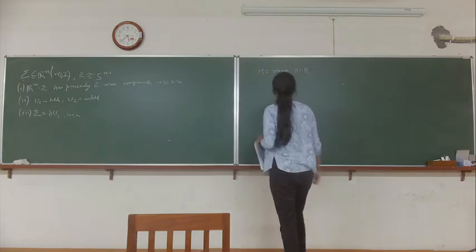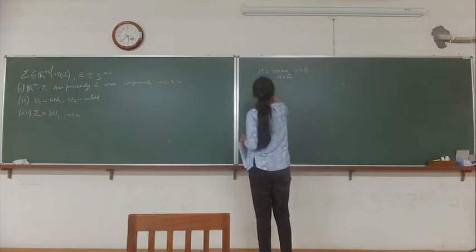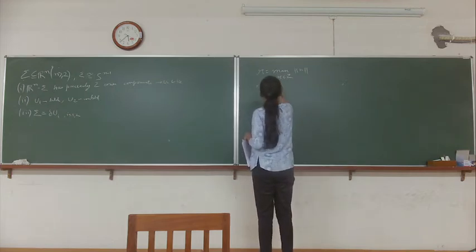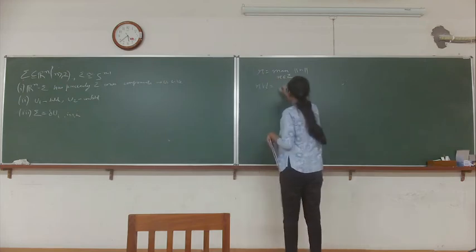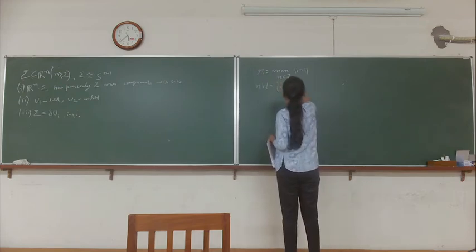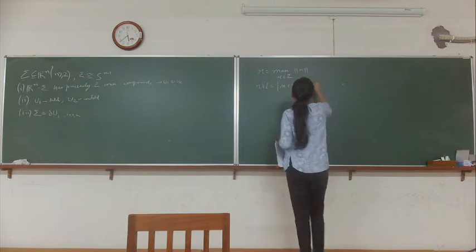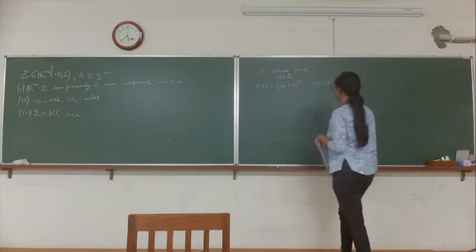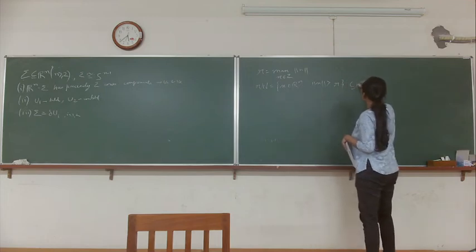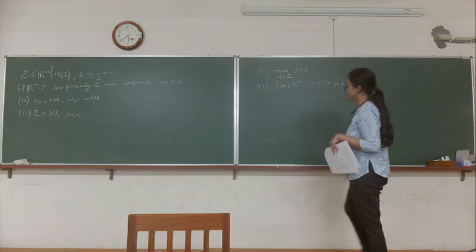Let W be the set of x in Rn such that norm x is greater than R, the complement of the closed R-disk. So this is a subset of Rn minus sigma. This comes from the choice of our R.